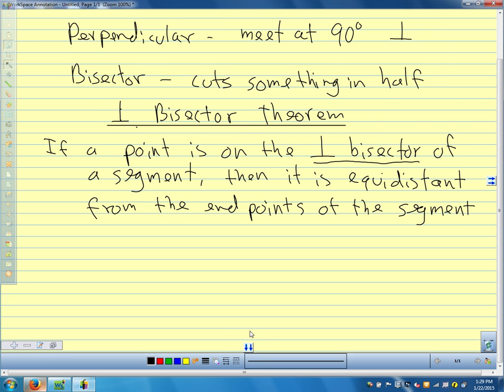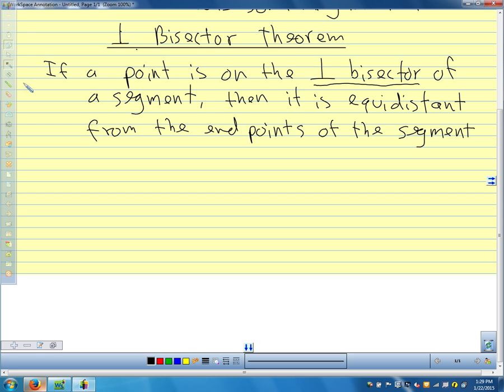So what we're saying here in pictures is we have this segment. Here's my segment. There are the endpoints of the segment. And we have a perpendicular bisector. So I'm going to bisect the segment at a 90-degree angle. There's my perpendicular bisector.